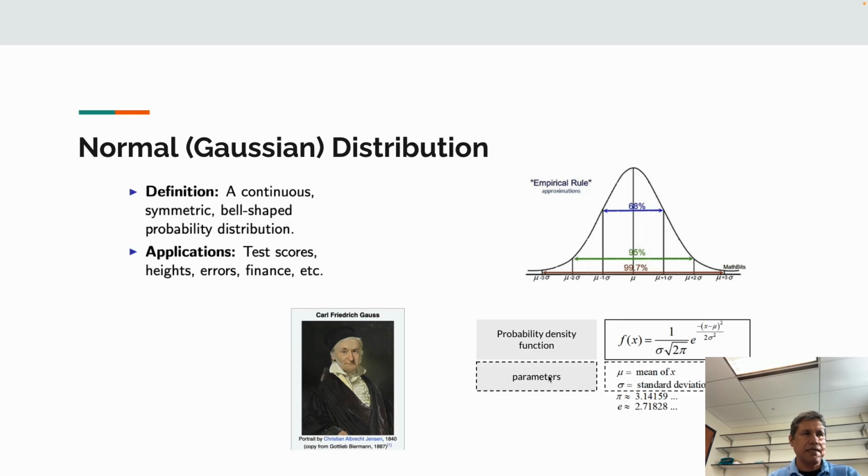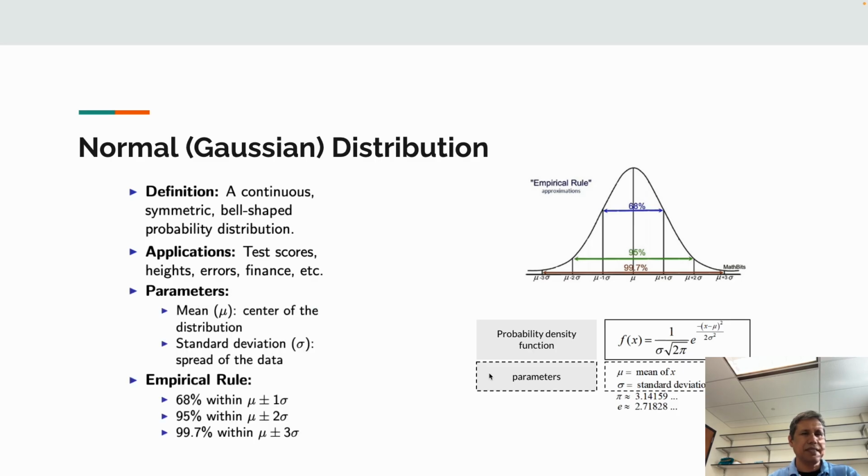There are some natural features of this distribution. 68% of your data will fall within one standard deviation on the right and left side of the mean. These are proven facts. If you go to two standard deviations, then you will cover 95%. That's why this distribution is used in many hypothesis tests and proofs.